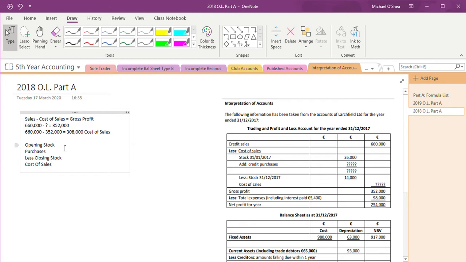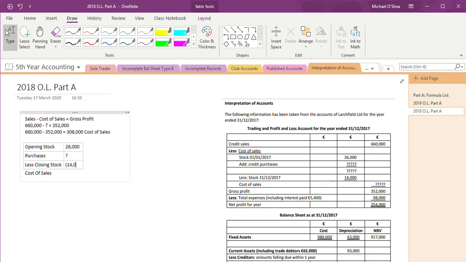My opening stock figure is 26,000. I do not have my purchases figure, I have to work that out. My closing stock is minus 14,000. And finally, my cost of sales figure is what we just worked out up here, 308,000.